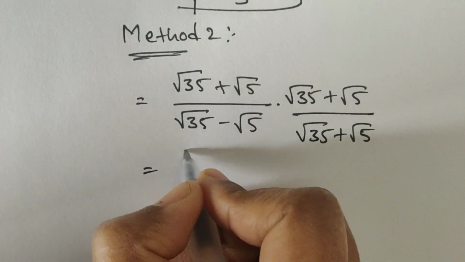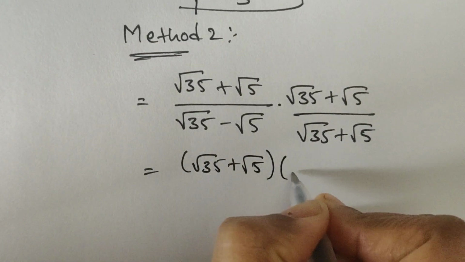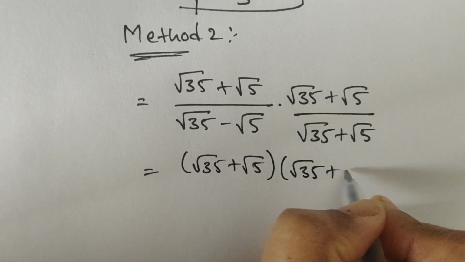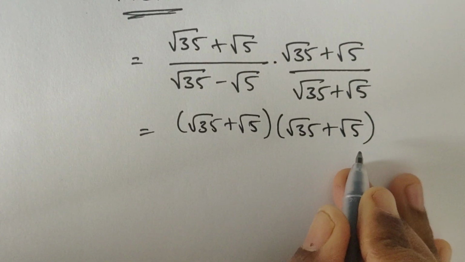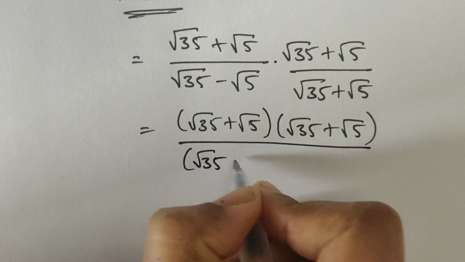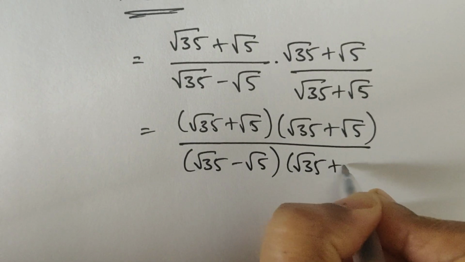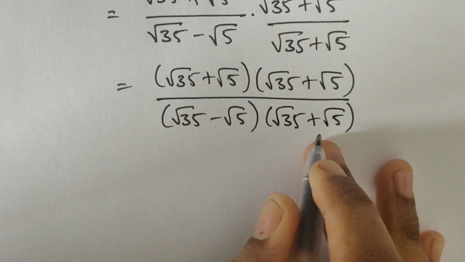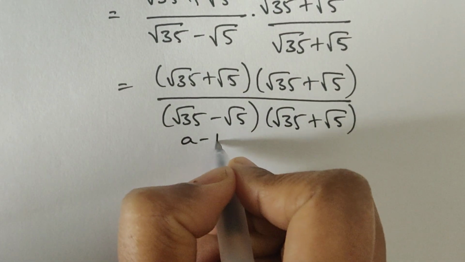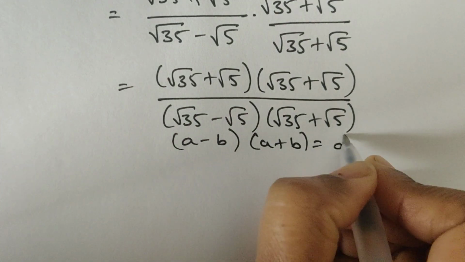So multiply these two terms, (√35 + √5) times (√35 + √5), divided by (√35 − √5)(√35 + √5). So this is in the form of (a − b)(a + b), which is equal to a² − b².